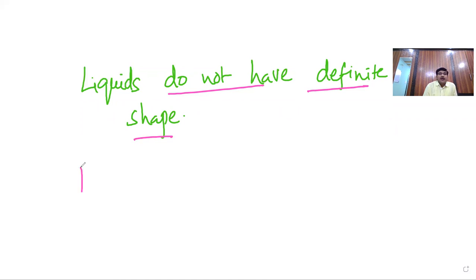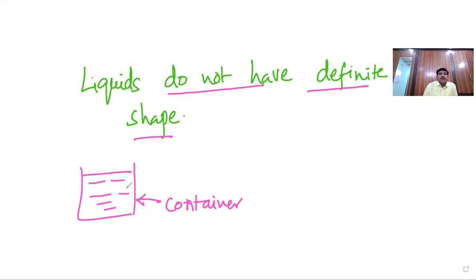Suppose let us say I have taken water. A container is available, this is the container. In this container, I fill the water. The water occupies the shape of the container.